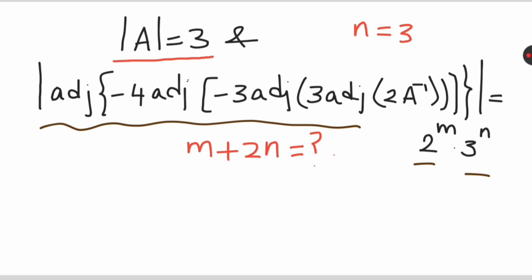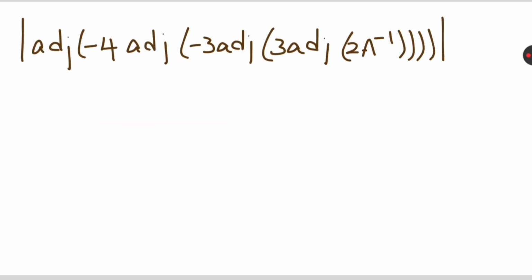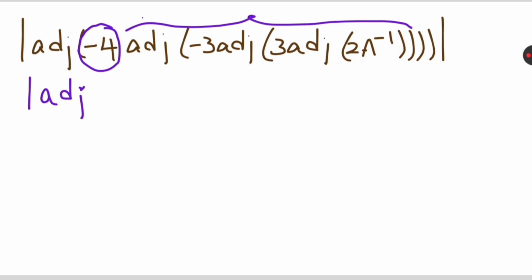Let's take only the left hand expression. It is in the form of the first formula, isn't it? First we have determinant of adjoint, then we have minus 4 times this whole expression. If you consider this whole expression as capital A, then it is in the form of determinant of adjoint of minus 4A.